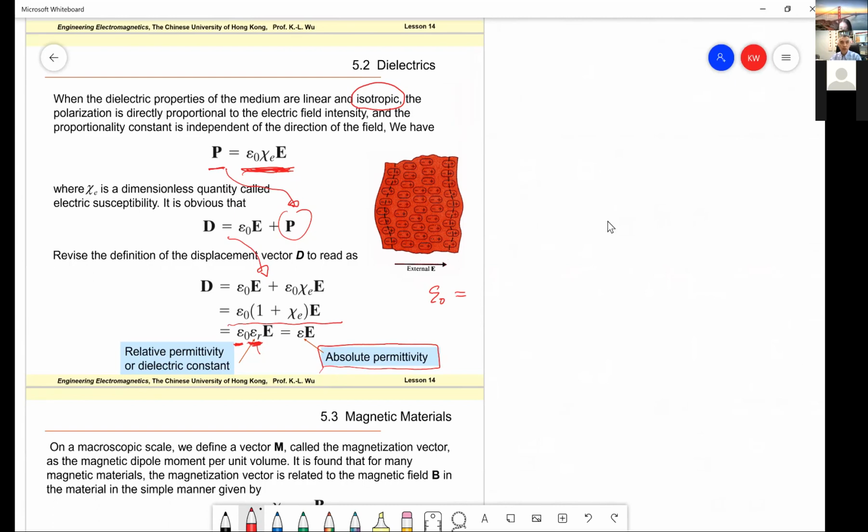This relative permittivity can be measured. I keep mentioning FR4. Do you know FR4? FR4 is a material for PCB, printed circuit board.